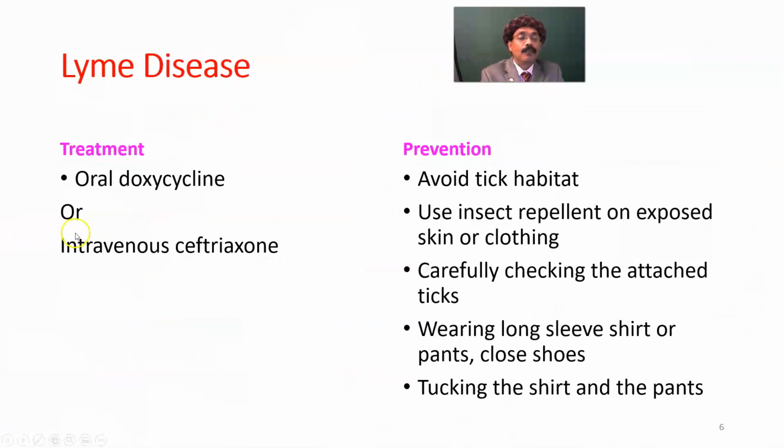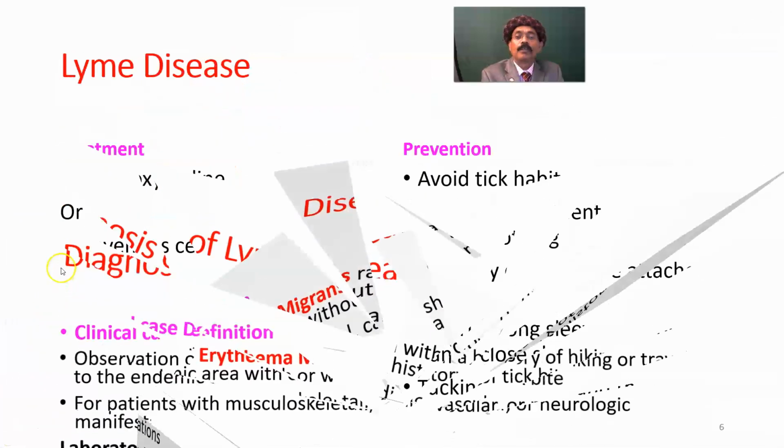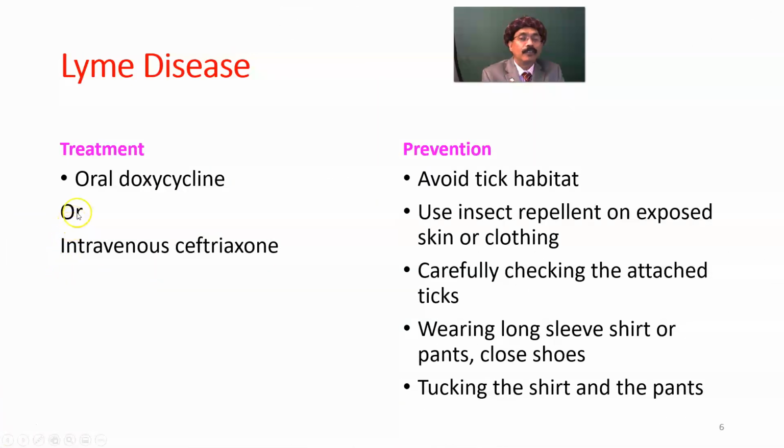So what is the treatment? Treatment depends on the disease stage. Initial stage treatment is oral doxycycline, maybe 100 milligrams twice daily for at least 4 weeks.